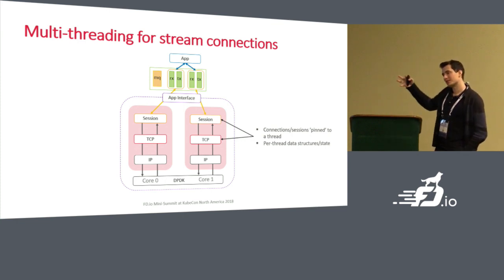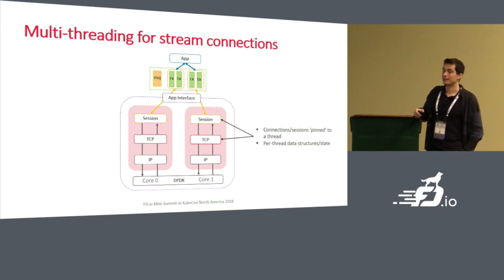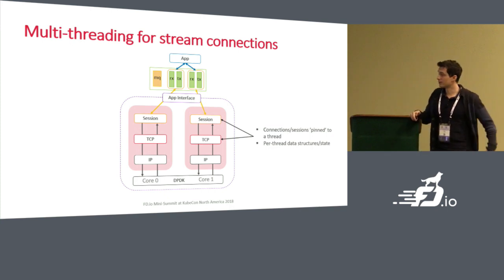So we wanted to take this idea and use it in the TCP stack as well. So what we've done is we've made the data structures for TCP and the session layer thread specific. And apart from the time when we just establish a connection, which is a bit trickier due to how RSS hashing works, we work with connections from TCP perspective and sessions from session layer perspective pinned to a core and lock free. So we don't do any sort of locking at this point.